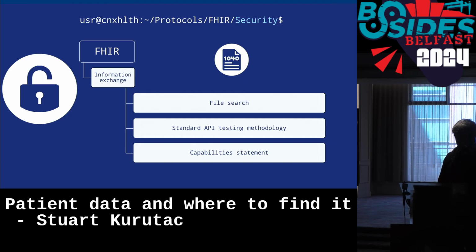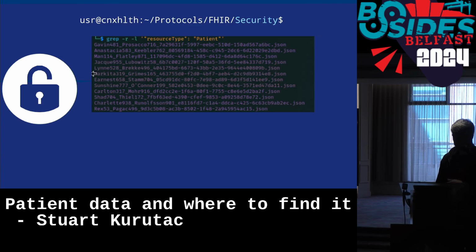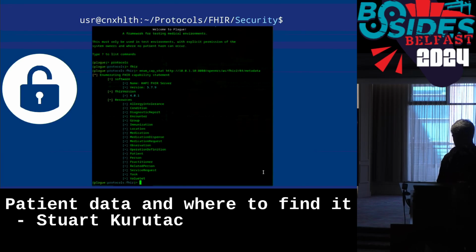There's one thing to mention here, which is the capability statement, which is open to everyone by design, and it's basically just a big metadata endpoint which lists out everything about that FHIR interface. So, this is the file search. And this here is the capability statement of OpenMRS that I've got set up in the lab.